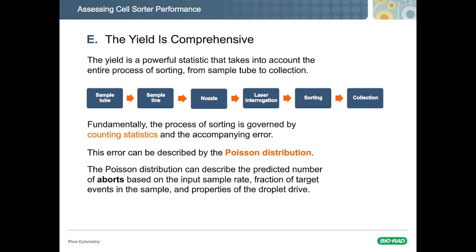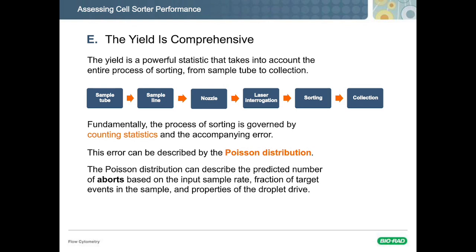But basically, when you have random things coming through, you're going to have some proportion that are doublets or triplets, where two or three are stuck together. Sometimes you might have a clump that comes through. And there are times when, as they're coming through, you have contaminants in the same droplet as a target cell, and then you would have that soft abort. All of those things can add up so that you have a yield from what goes in to what comes out.